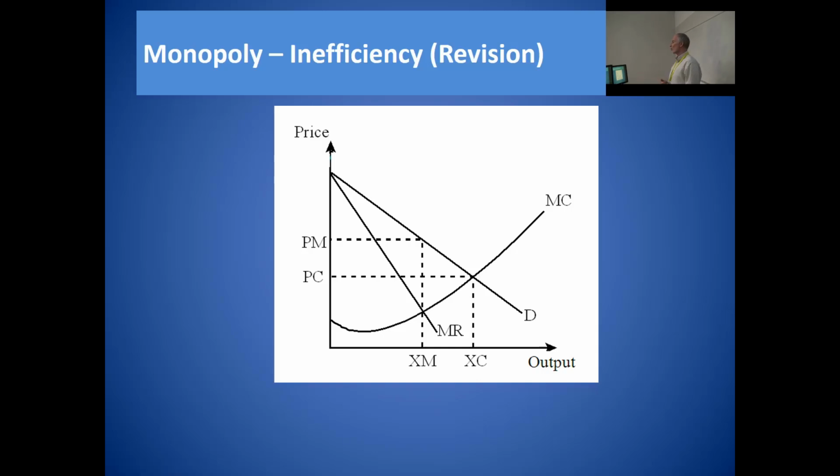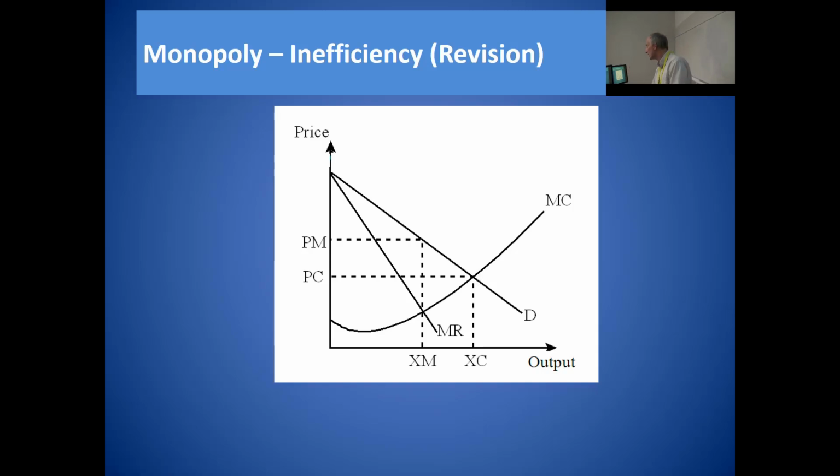So if this market were supplied competitively, if there were a large number of firms competing against each other, all producing the exact same product, where no individual firm has an ability to influence prices, that's our definition of perfect competition, the market would clear where demand and supply were equated. So if this were a competitive industry, there we go, that point there, where demand and supply are equated, is where the market would clear.